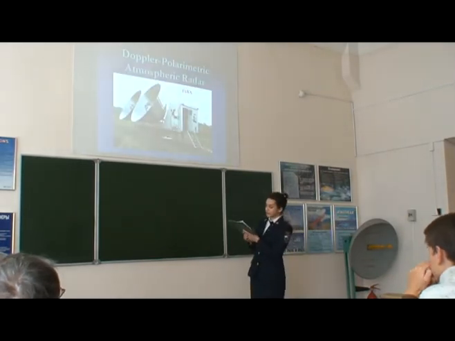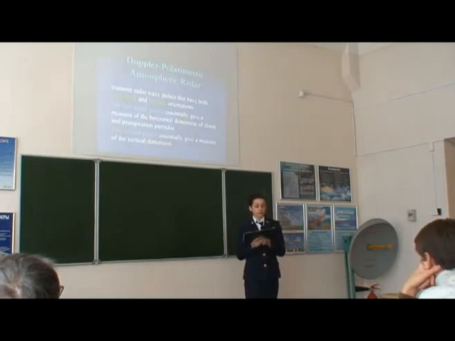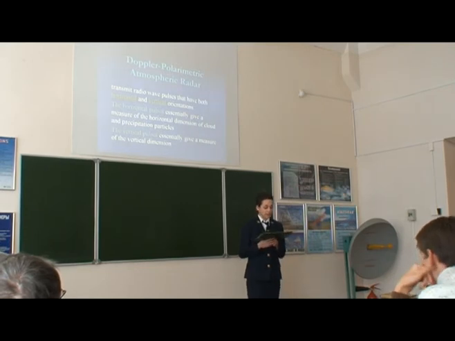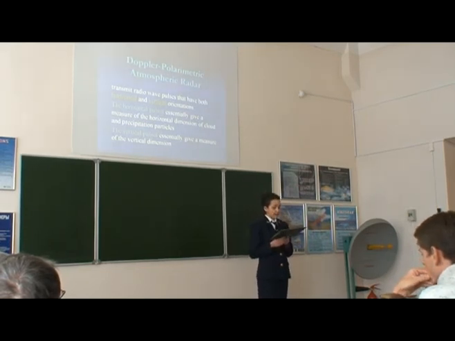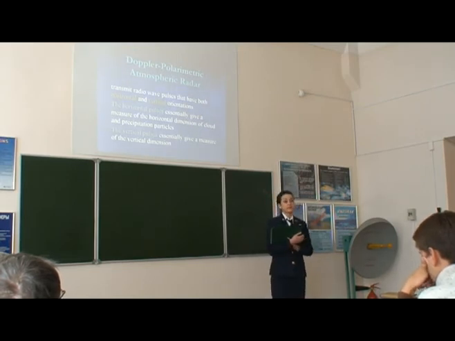And the next one is polarimetric radars. They transmit radio wave pulses that have both horizontal and vertical orientation. The horizontal pulses essentially give a measure of the horizontal dimension of a cloud, such as cloud water and ice, and precipitation such as snow, ice pellets, hail, and rain particles, while the vertical pulses essentially give a measure of the vertical dimensions.